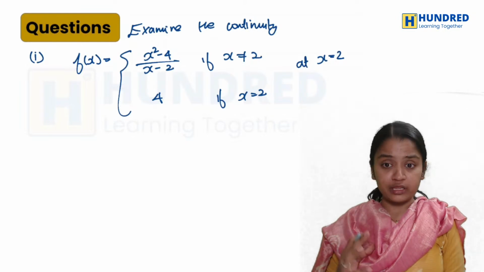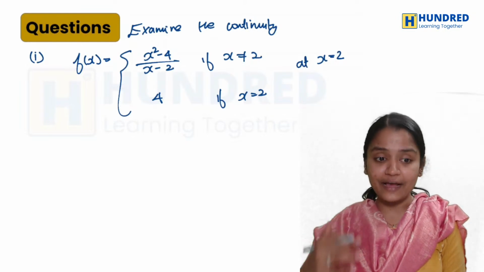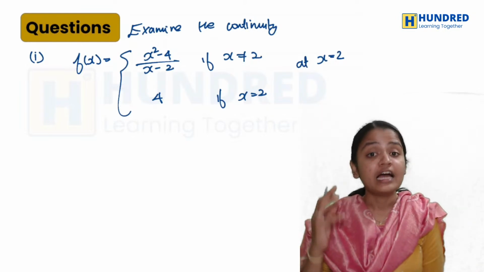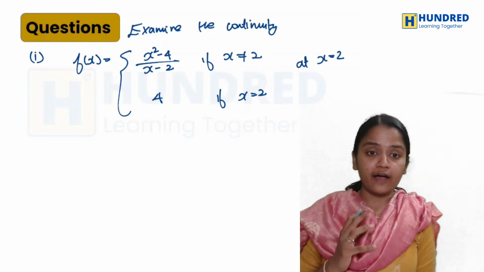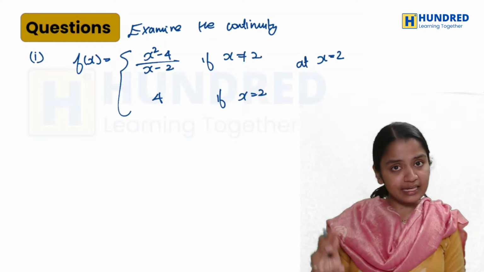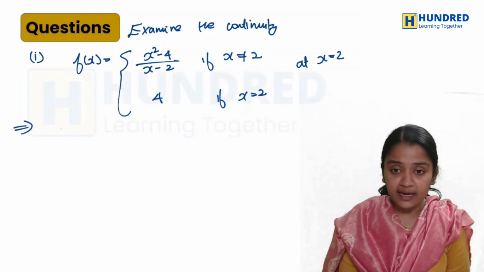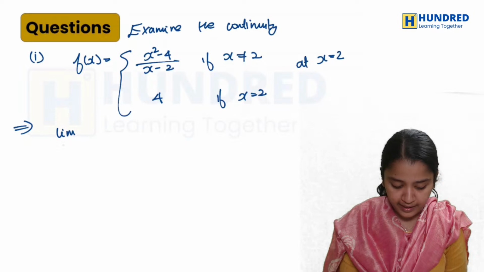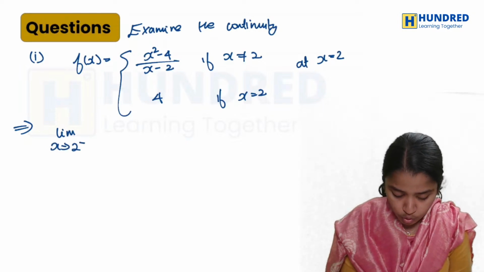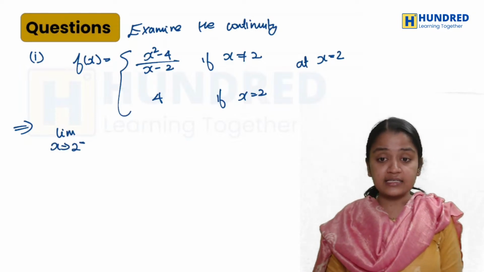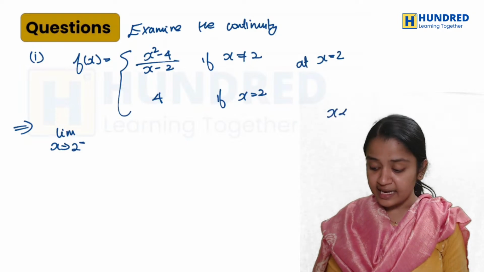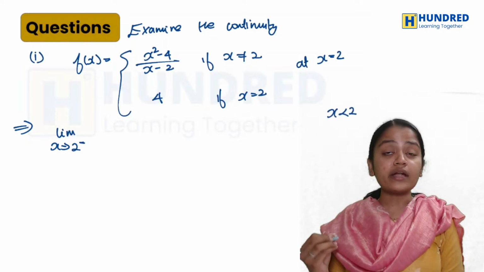So first, I have to take my left hand limit and my right hand limit. My left hand limit is the limit as x tends to 2 minus. What does 2 minus mean?